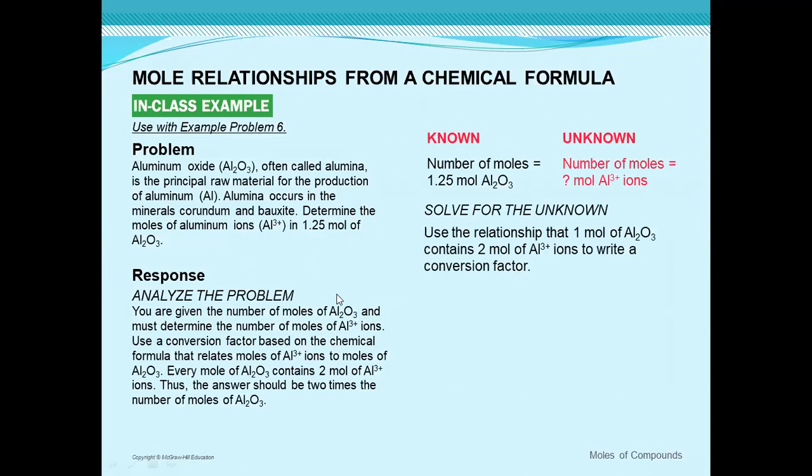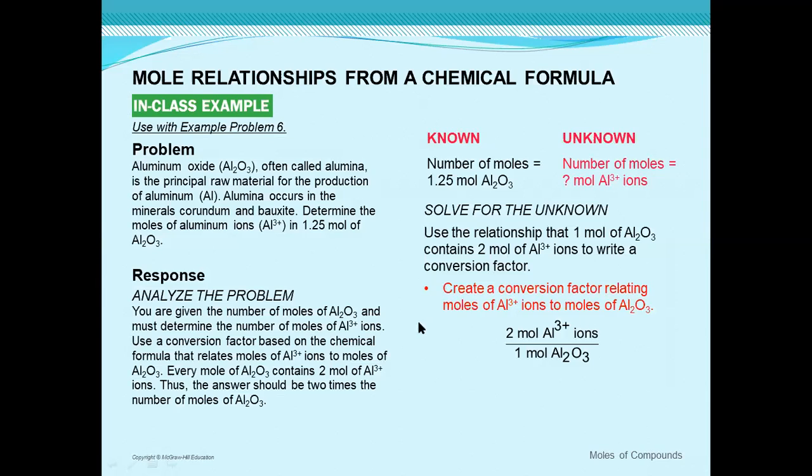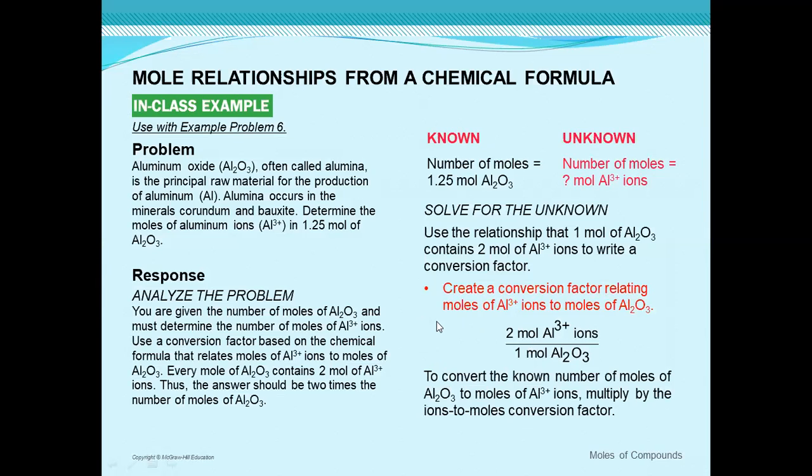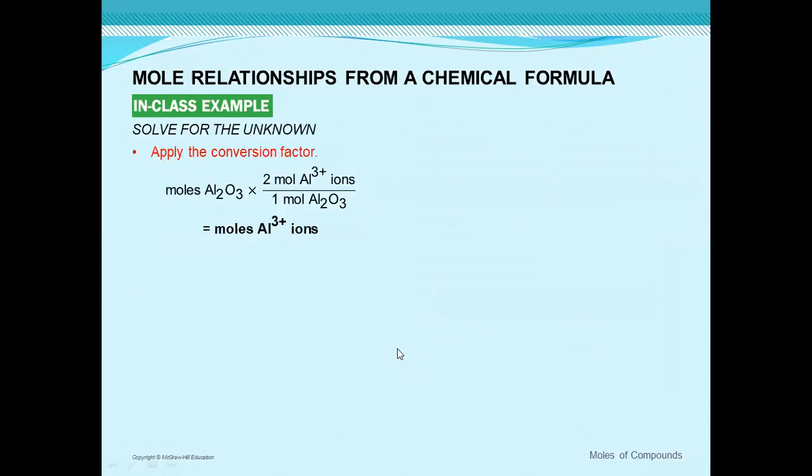To write a conversion factor relating moles, we have 2 moles of ions divided by 1 mole of Al2O3. To convert the known number of moles of aluminum oxide to moles of aluminum ions, multiply by the ions to moles conversion factor.